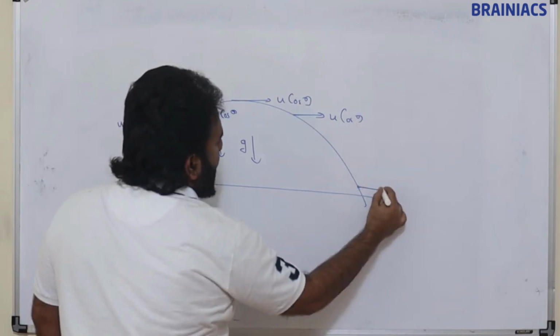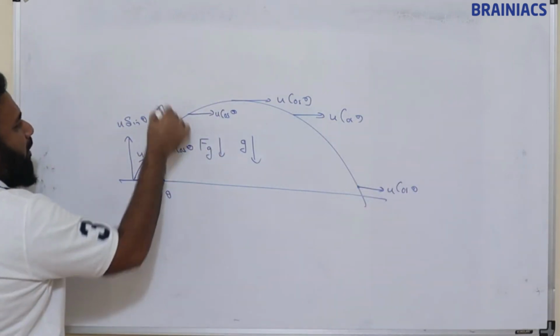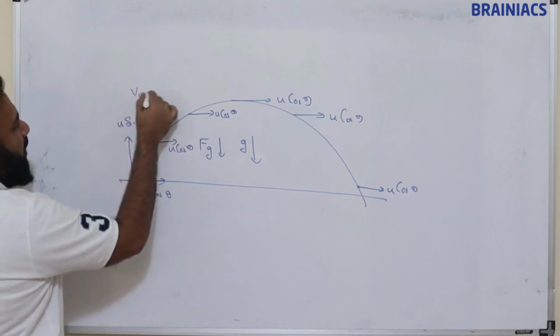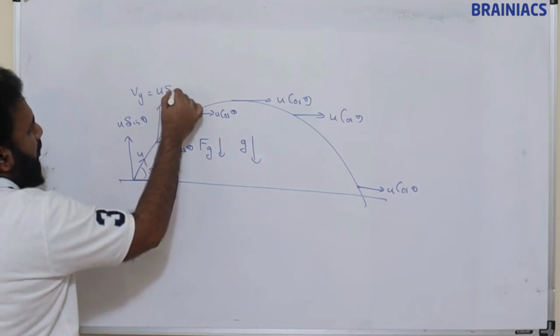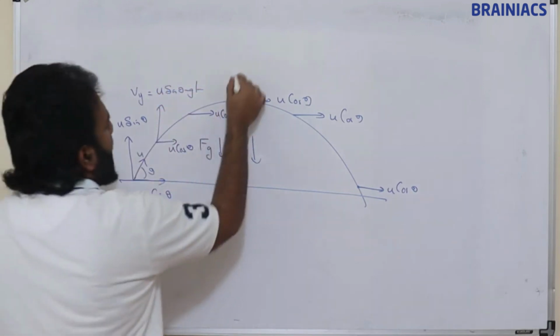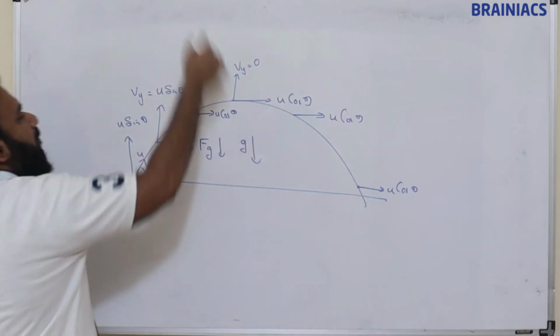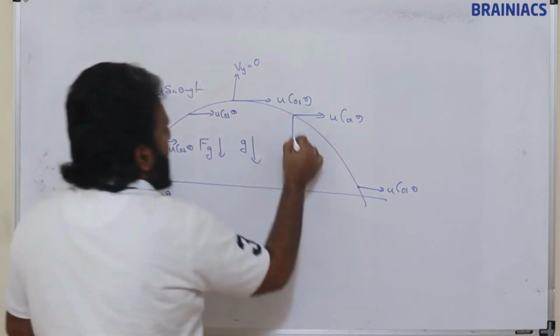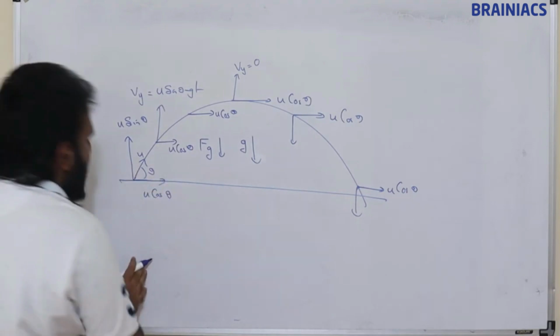Everywhere this is going to be u cos theta, but the vertical component will change. So Vy will be u initial, that is u sin theta minus gt. This formula we will have to use. At the topmost point Vy will be 0, otherwise it would have gone further distances. So likewise vertical velocities keep on changing.